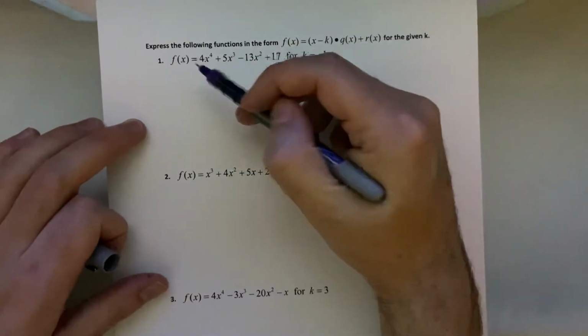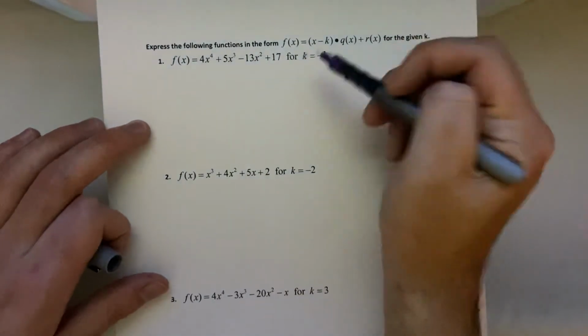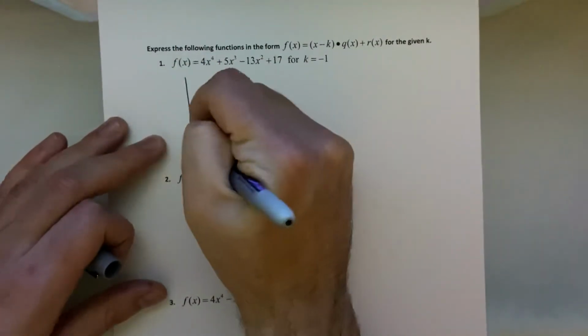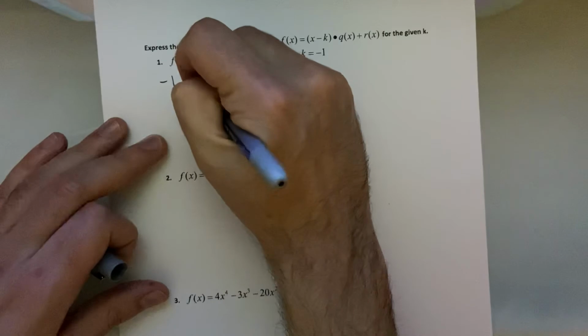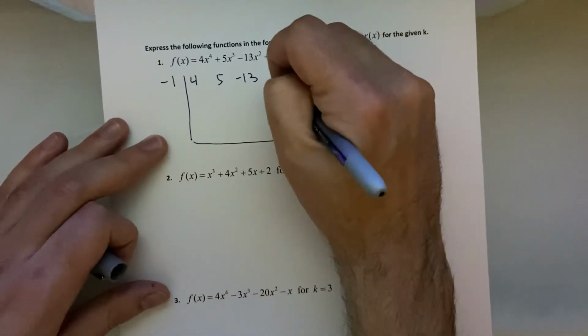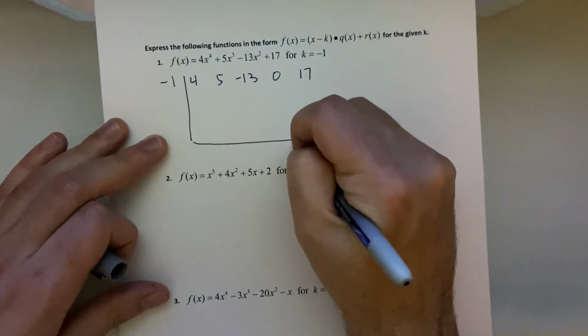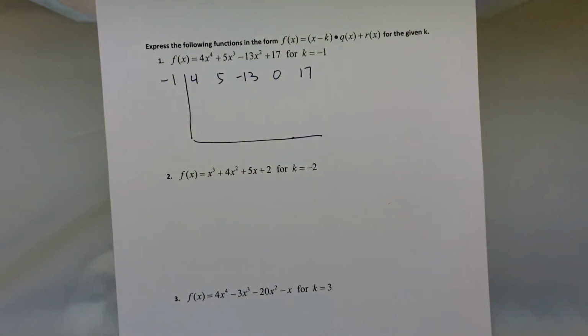So when it says for f of x equals 4x to the fourth plus 5x cubed minus 13x squared plus 17 for k equals negative 1, they're telling you that the negative 1 is going on the outside. You still need to bring your terms down here. 4, 5, negative 13. Remember a 0 for the missing x term, and then 17. But otherwise, same strategy for solving these.